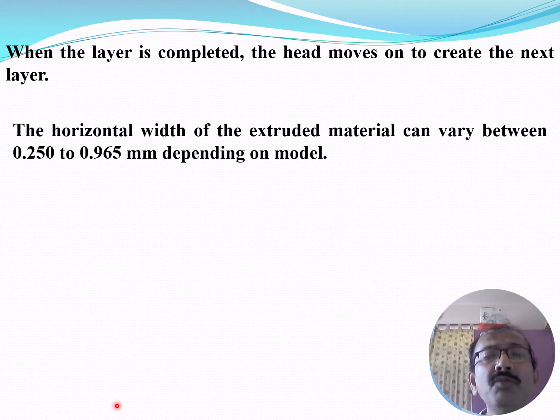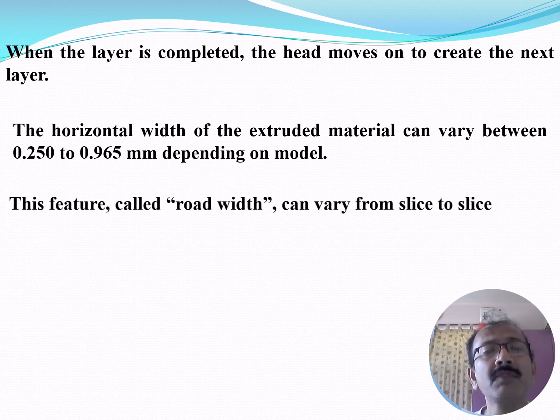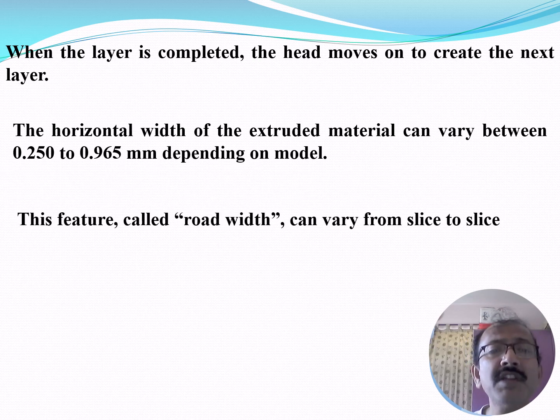The horizontal width of the extruded material can vary between 0.250 to 0.965 millimeter depending on the model. This feature, called road width, can vary from slice to slice.